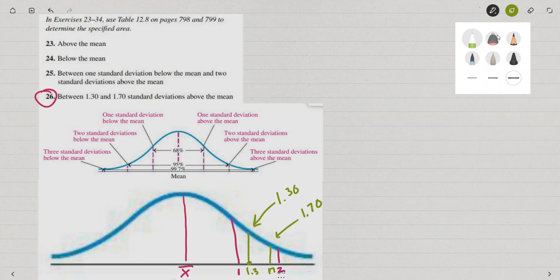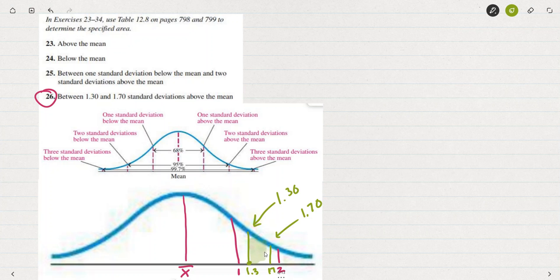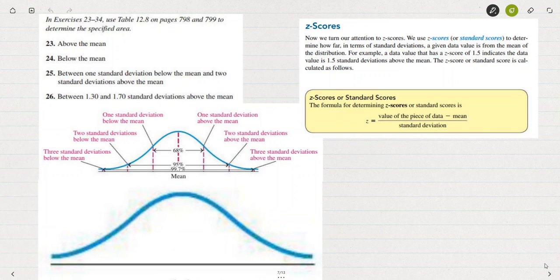And what this question is asking us to do is find this area. Well, we can't do an approximation with the empirical rule because we don't have a whole number standard deviation, but we can certainly use the chart. When I go to the chart, I'm using a z-score, and the z-scores are the 1.3 and the 1.7.